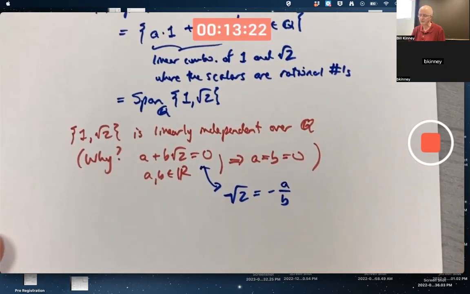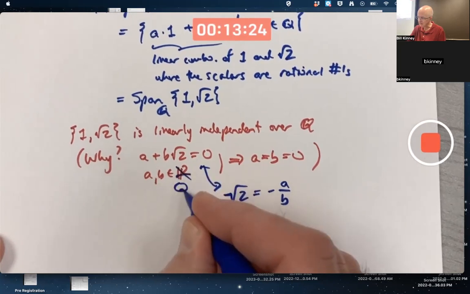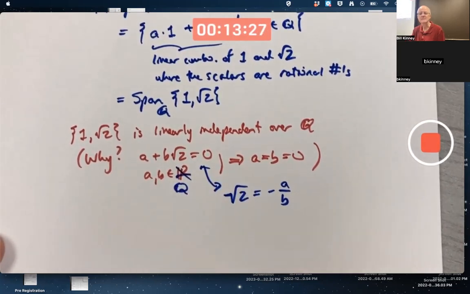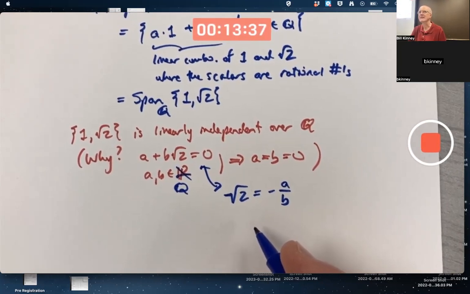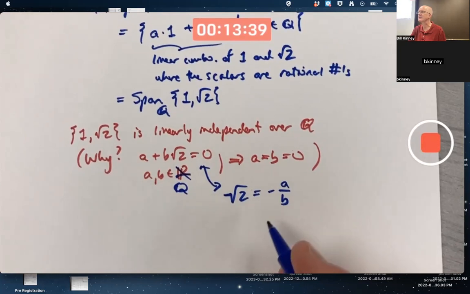If a and b were both rational, then negative a over b would be rational, and so square root of 2 would be rational, but we know square root of 2 is not rational. Done. If a and b are rational, there's no way this can happen unless they're both 0.